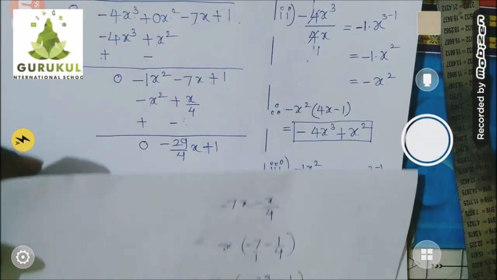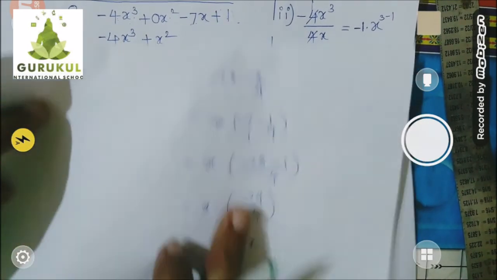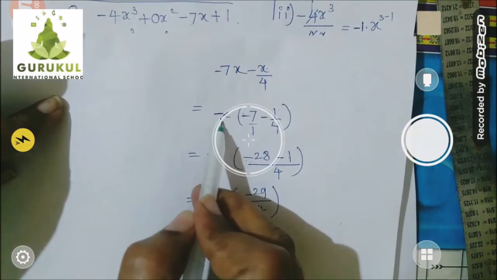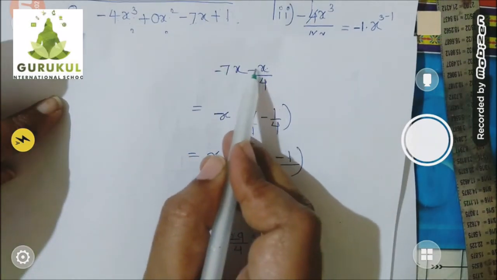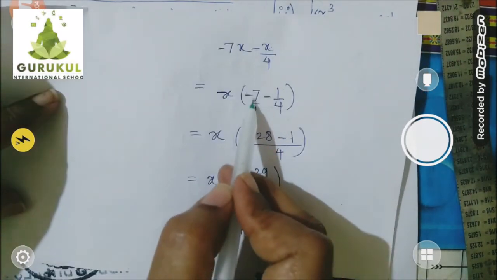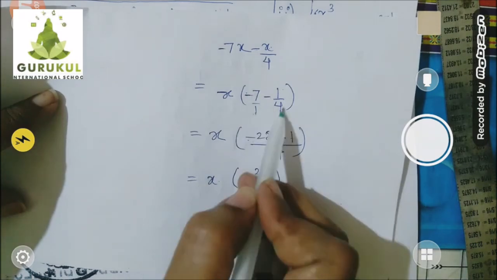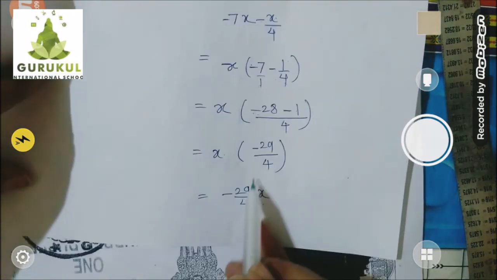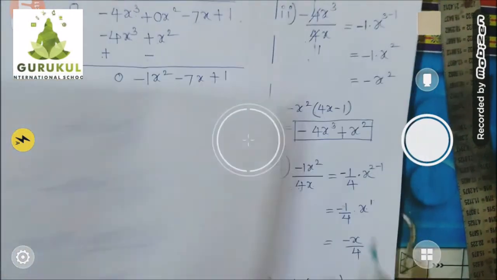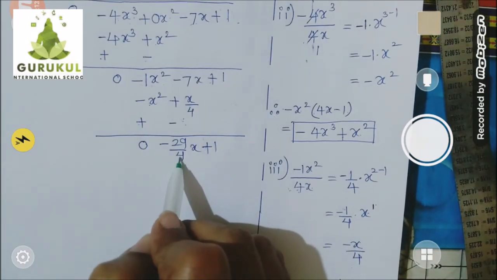Okay, in this manner you have to do it. Remember, x I took common, minus 7 and no number means minus 1 upon 4, but only 7 means upon 1, then cross multiplied and I got this answer, which I wrote over here as a subtraction.